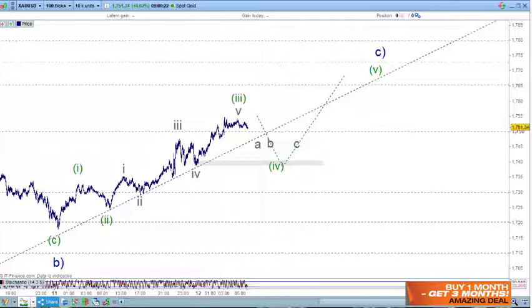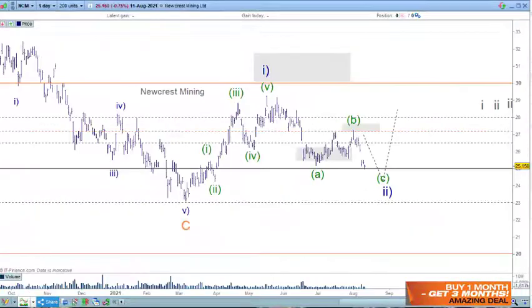We want to have a look at Newcrest while we're doing that. So Newcrest Mining, there we go. Yeah, expecting it to come down further here for this. We're looking for 5 waves of 1, 2, 3, 4, and 5 to come down to finish that off. Anything below that 5 wave structure, then we've got ourselves a problem.